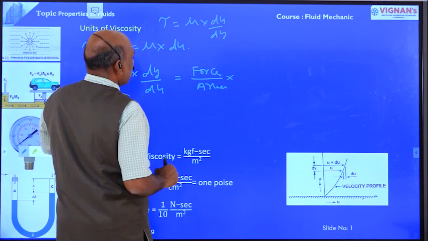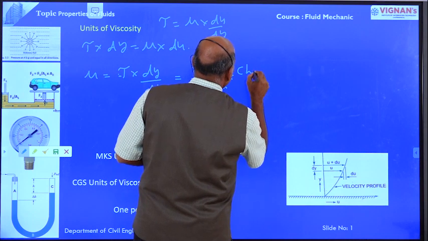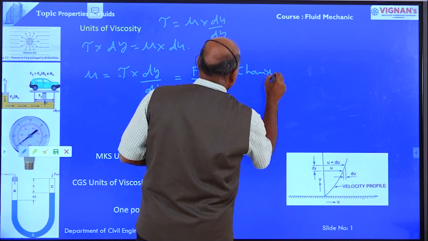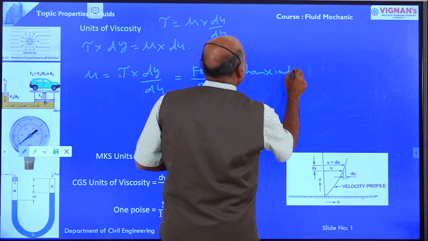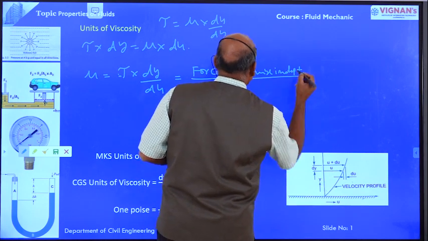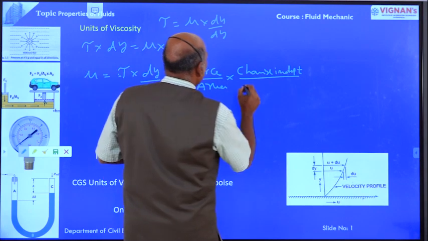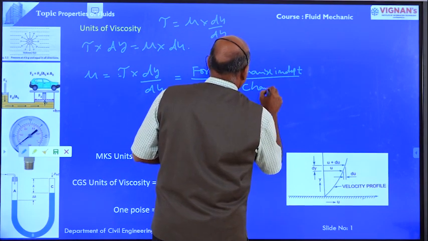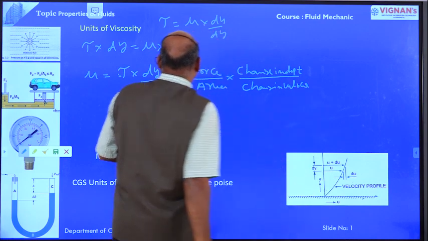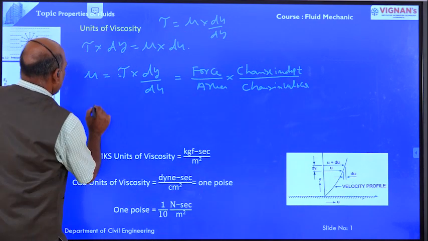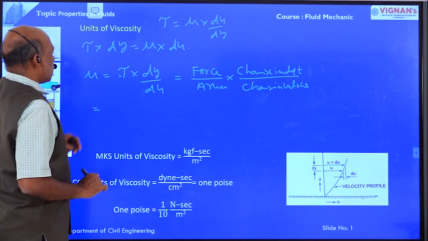dy is nothing but change in depth, and du is nothing but change in velocity. Therefore, this gives the units of viscosity.